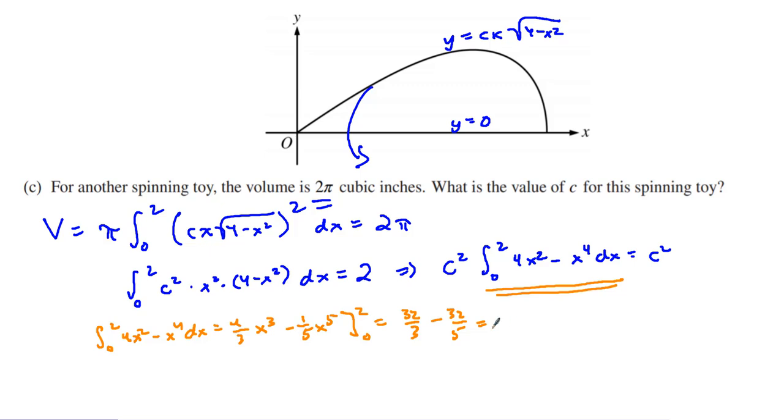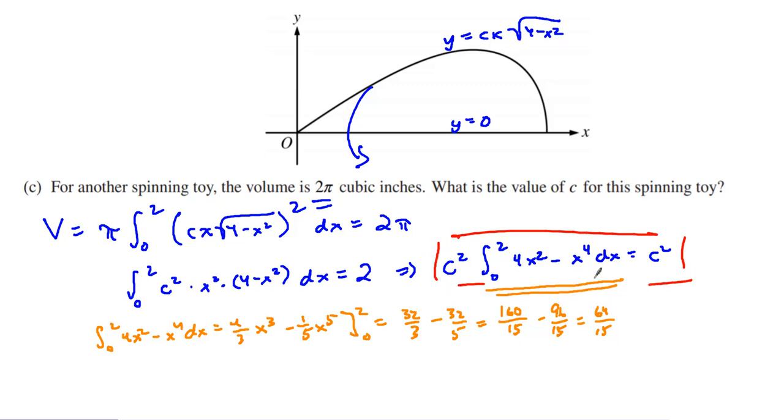I need to do a little bit of algebra, and I end up getting 160 over 15 minus 96 over 15, which ends up becoming 64 over 15, which is beautiful.